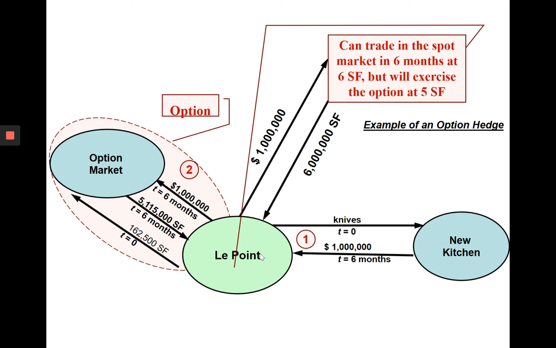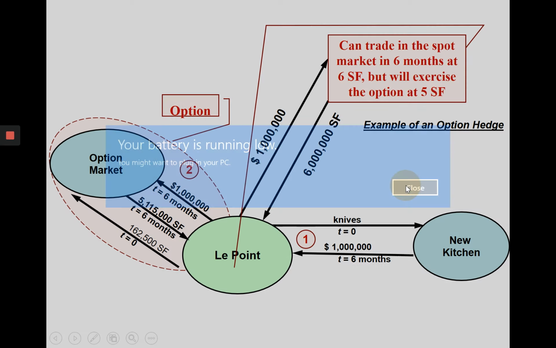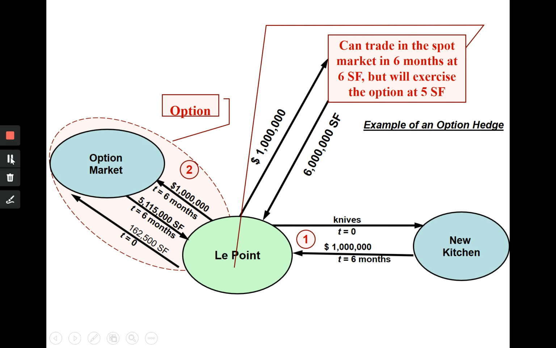All the gains are ours. What we have done is we have put a floor on our losses, and the floor is 5,115,000 Swiss francs if we are La Pointe. $1 million in the future is worth 5,115,000 Swiss francs for us or more, whatever more we get because the currency appreciates.